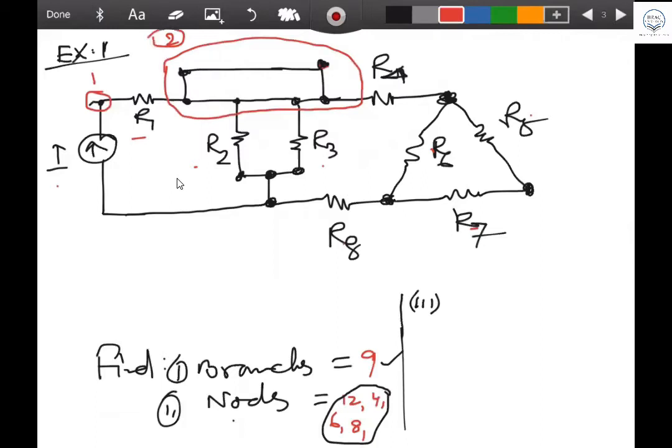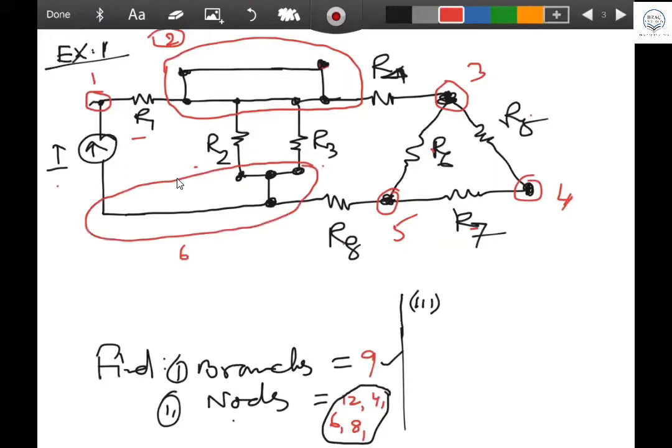And then it is node 3. This is node 4. Then node 5. And here you get all this combined together as node 6. So there are 6 nodes, not 12, not 4, not 8. These are the 6 nodes.